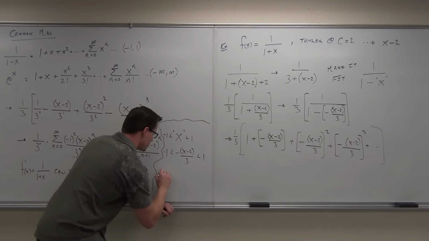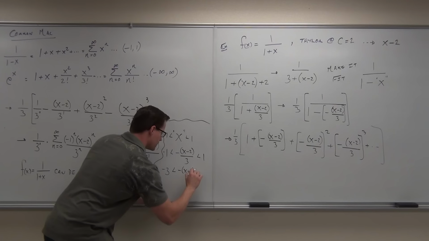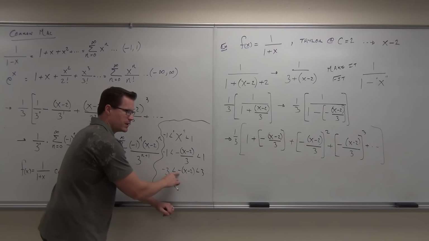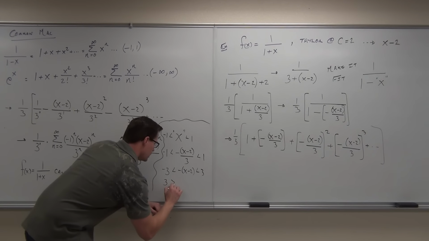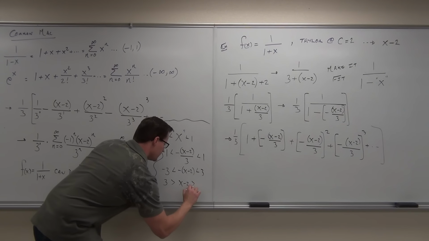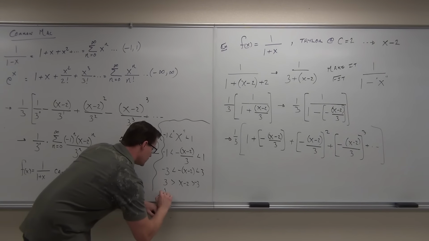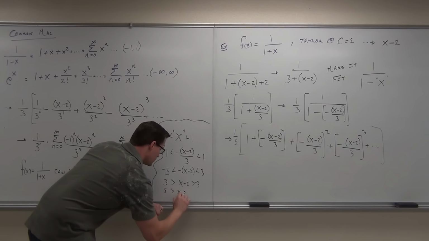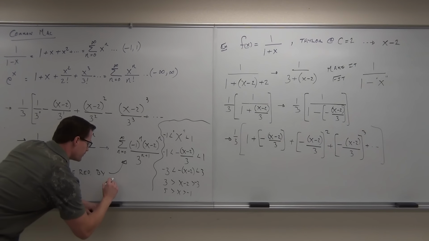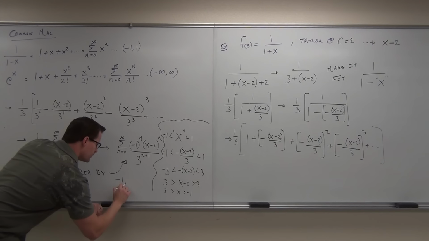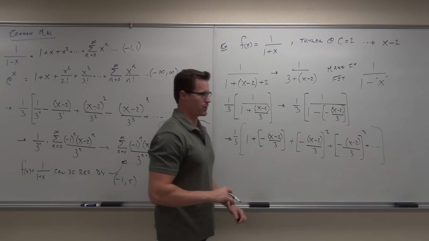Multiply by 3. Oh, wait a minute. What's negative do to inequalities? Just flip them. Add your 2. Flip it back around. We get the interval -1 to 5.